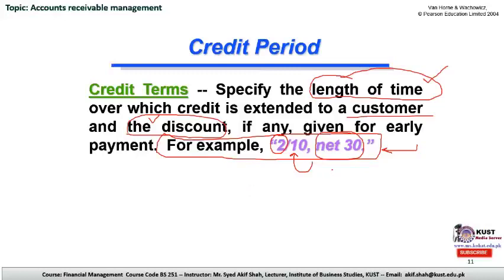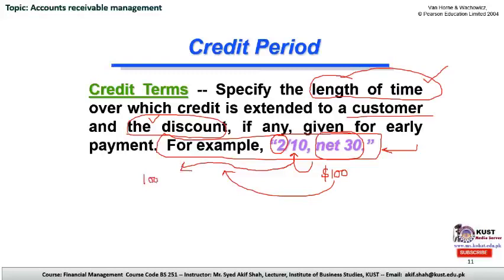Like for example, after the completion of 30 days, a credit customer is required to pay out $100 to its supplier, and if this customer would like to earn a discount, this customer will have to pay out its obligation within 10 days. And if this customer is opting for the payments within 10 days, the company is offering 2% discount.